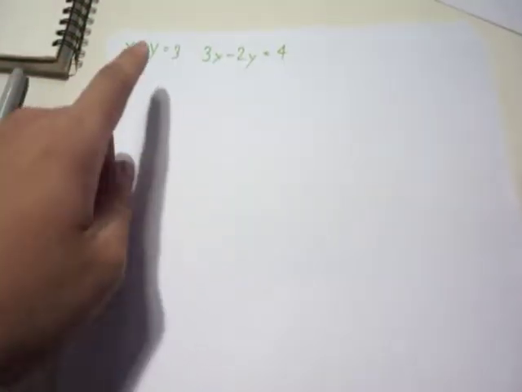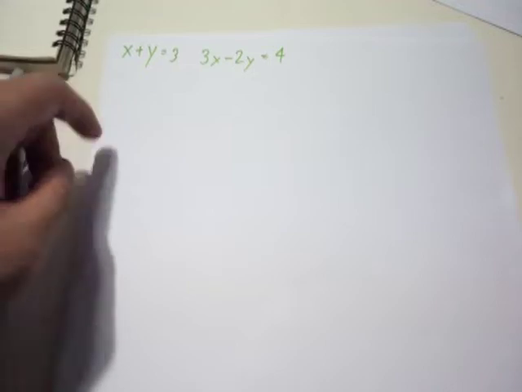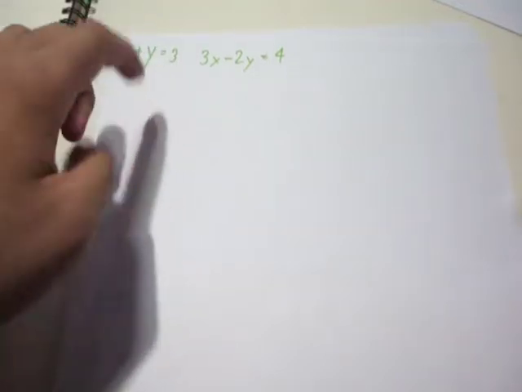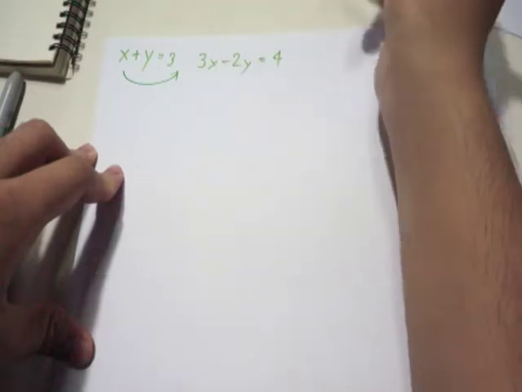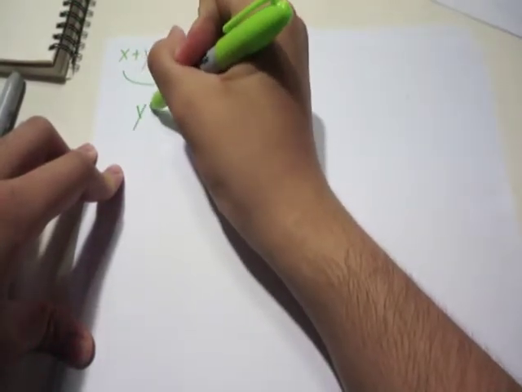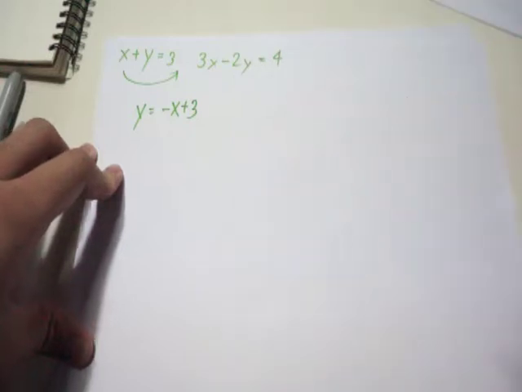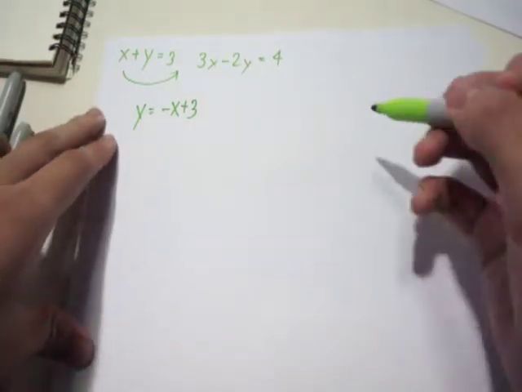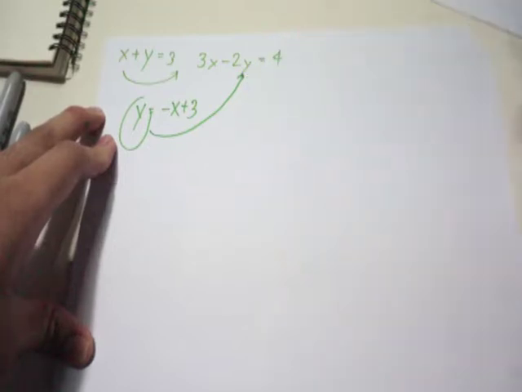First off, we have these two linear equations. What we're gonna do is transform this into y form first. So I move the x, and then y will equal negative x plus 3. And when I get this form, I put this y into this equation.